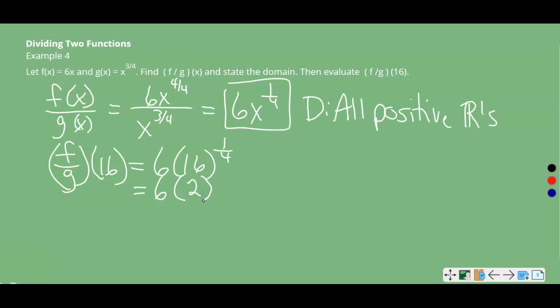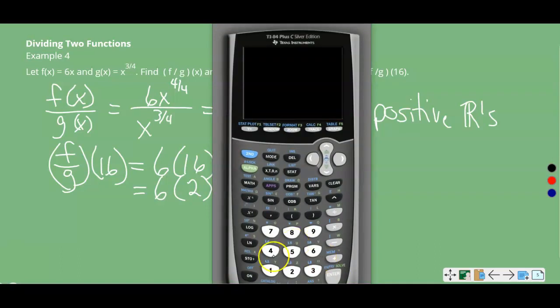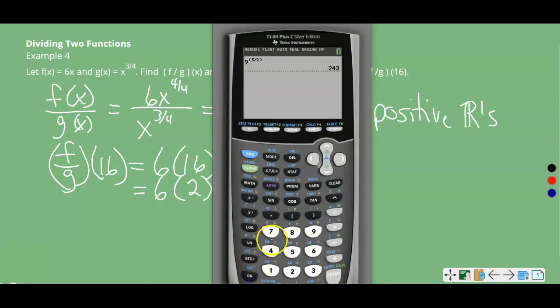If you're not sure about that, you can use your nth root key here, or you could raise it to the 1/4 power, either way. So you could do 16 raised to the 1/4 power.